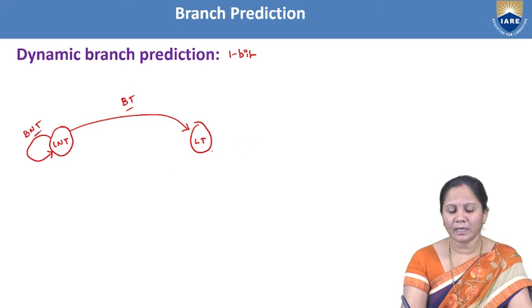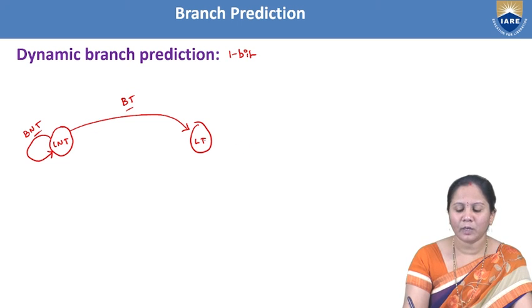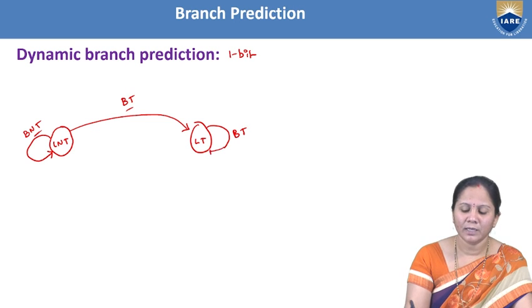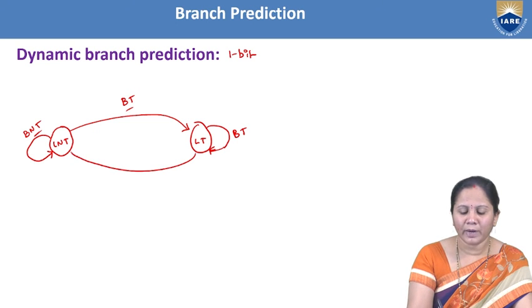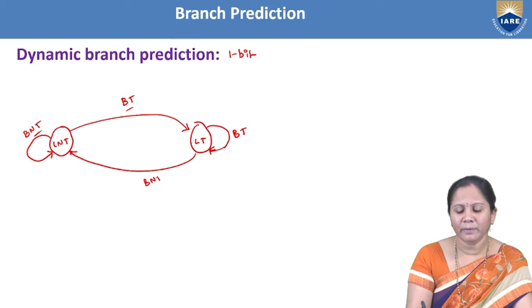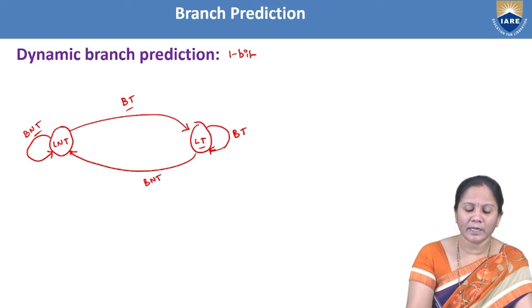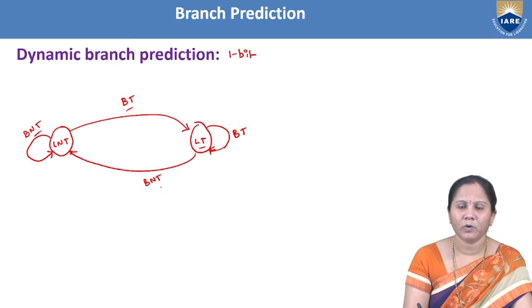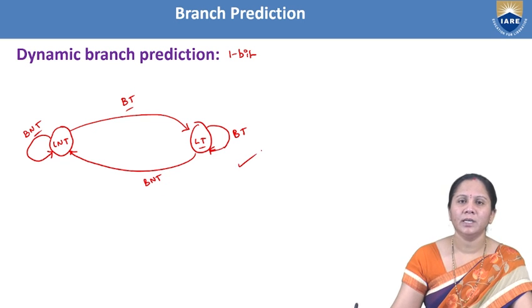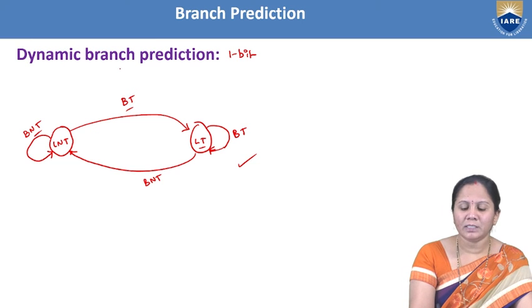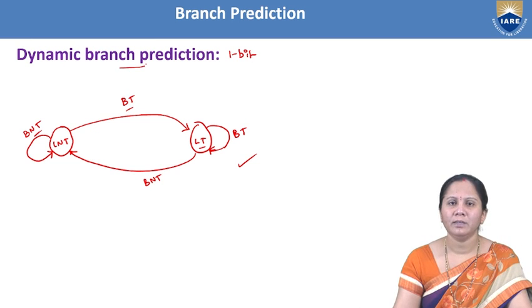Now, in the second case, if the control is at LT, that is likely taken, and the branch is taken, the control stays in the same state. If the branch is not taken, the control moves from the LT state to the LNT state. So based on this bit history only, the dynamic branch prediction is done.